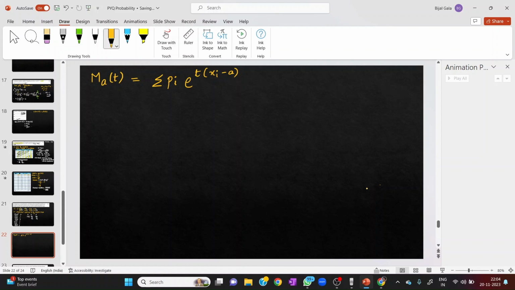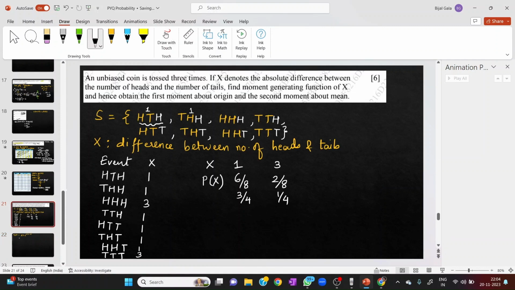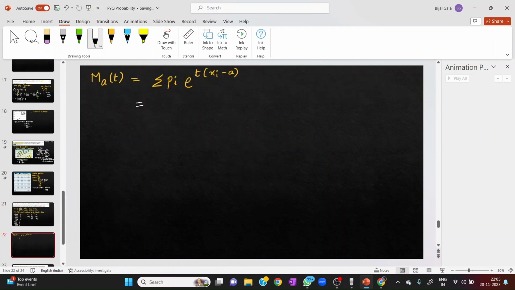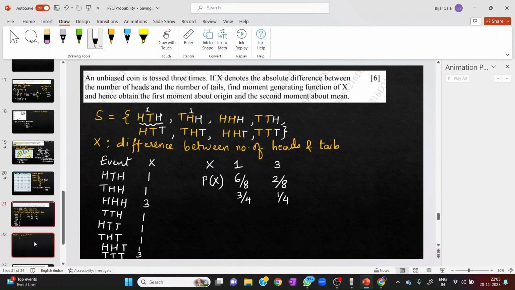So let's substitute the values. Pi means the probabilities, xi means the values of x. Because we have only two values of x, 1 and 3, and corresponding probabilities are 3 by 4 and 1 by 4. So when I put 1 for x, I'll get 3 by 4 probability.